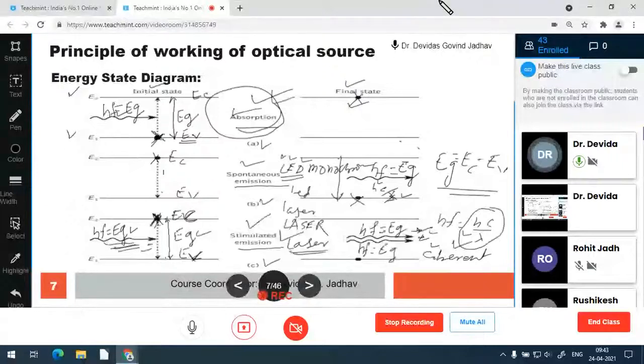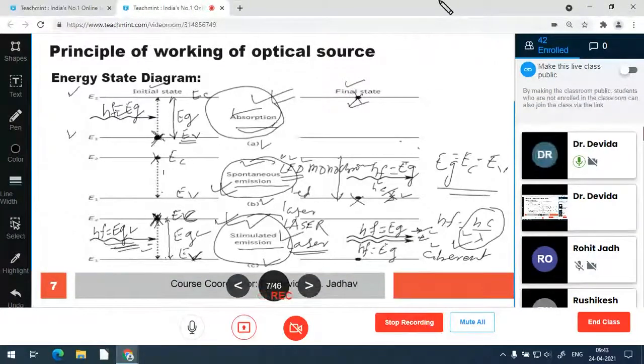Absorption also takes place in sources, but very little. Sources work on spontaneous emission and stimulated emission, because sources emit and do not absorb. So these are the working principles of optical sources.